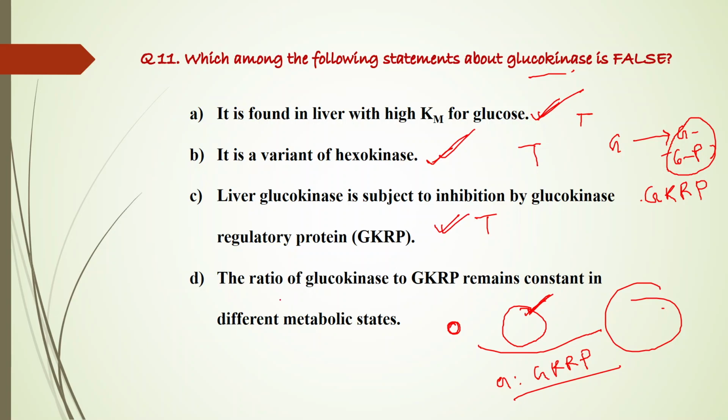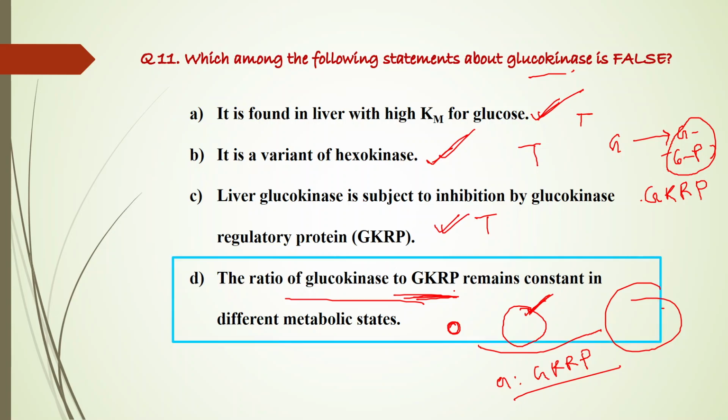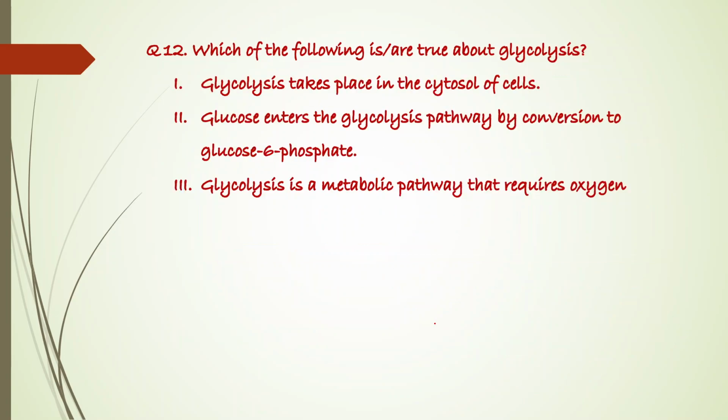That means the ratio will never remain constant. It will vary depending on the metabolic state and the concentration of your substrates. So the fourth option, that it remains constant in all states, is actually a false statement. So the correct option for question number 11 should be option D. Let us move to the next one.